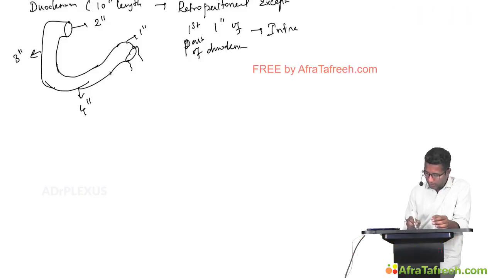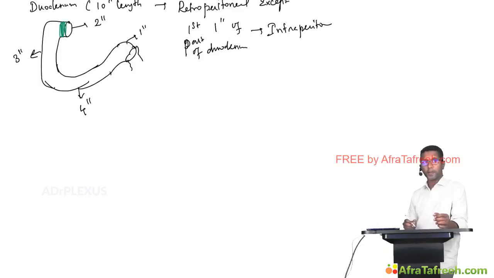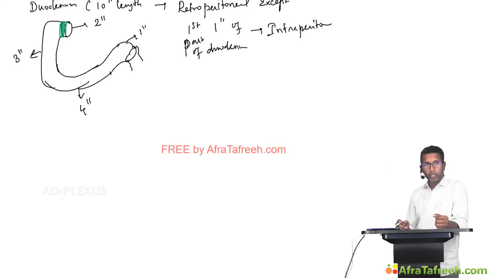If you see in the diagram, only this portion surrounded by the peritoneum is intraperitoneal. The rest of the duodenum is totally retroperitoneal.